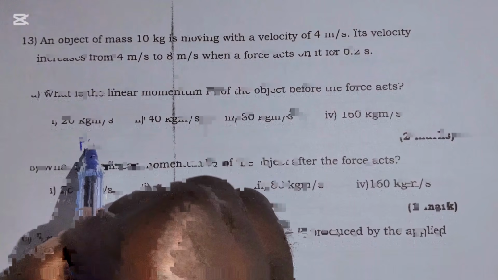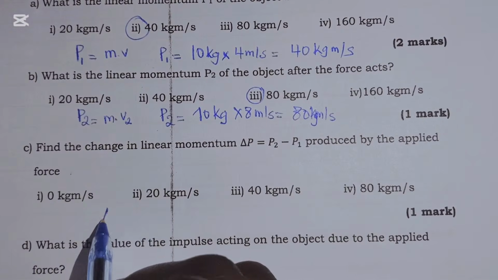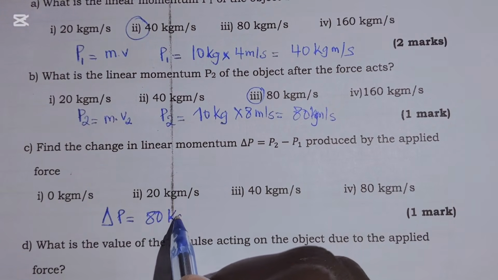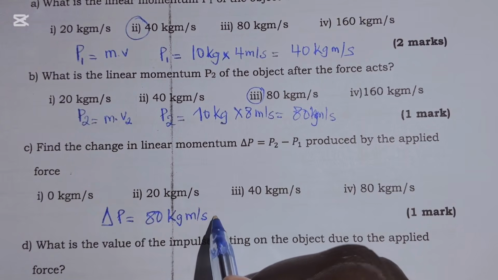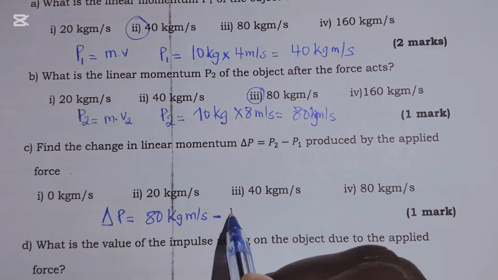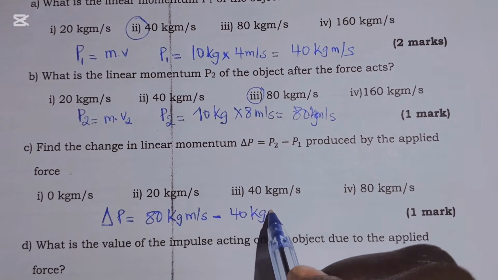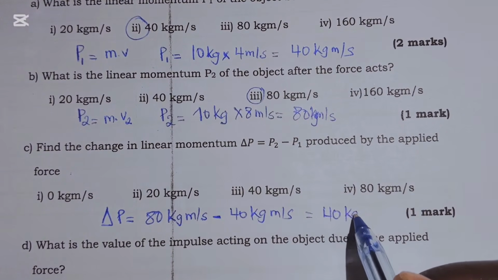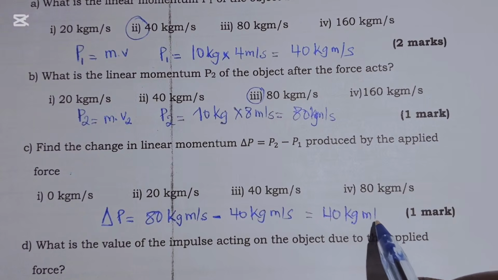Find the change in linear momentum produced by the applied force. For change, you take P2 minus P1. Change in P equals 80 kilogram meters per second minus 40 kilogram meters per second, which gives 40 kilogram meters per second.